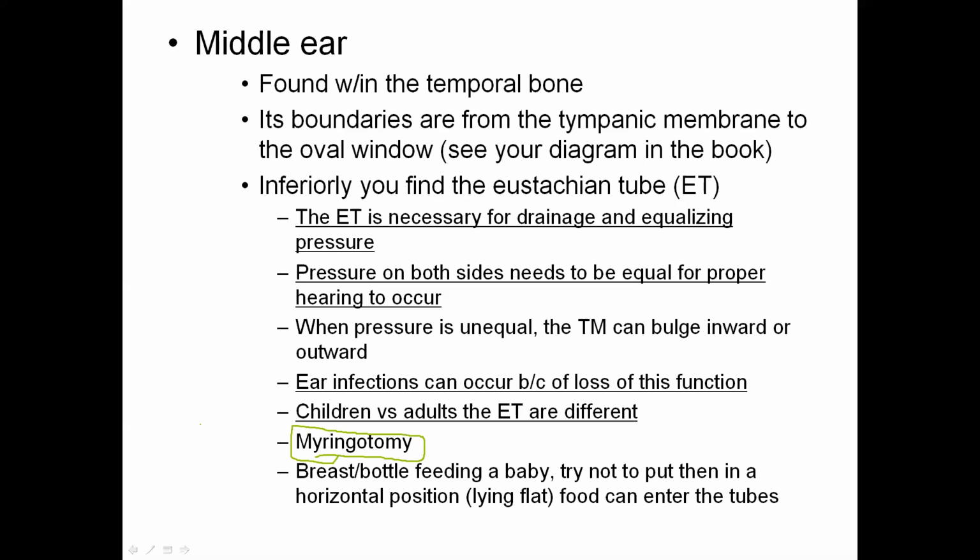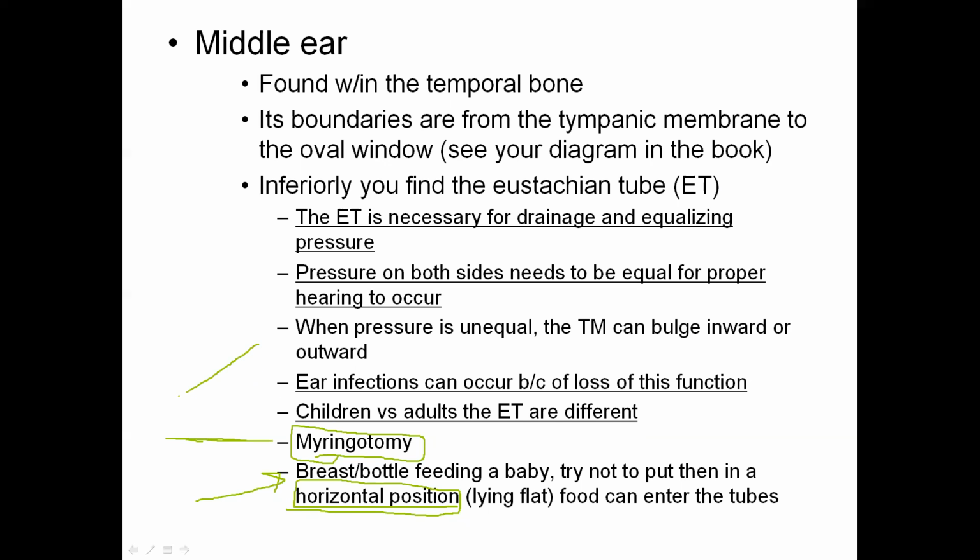Also, with infants and babies, whether you're bottle feeding or breastfeeding, you want to make sure that they're not in a horizontal position, because if they're horizontal while you're feeding them, then the fluid can enter into those ear tubes, that eustachian tube.